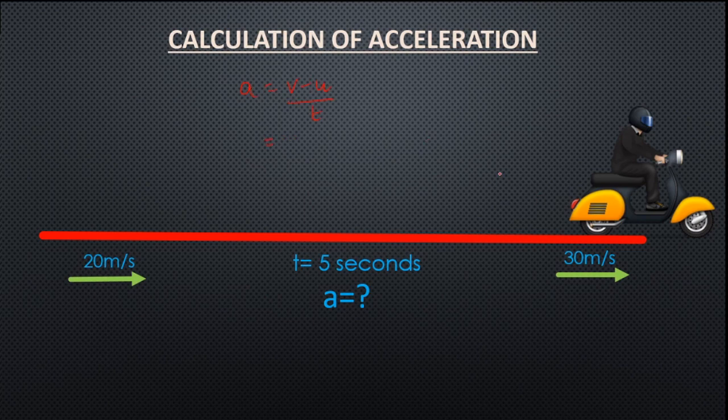Here v, the final velocity, is 30 meters per second, minus u, which is 20 meters per second. Time is 5 seconds. So that is 10 upon 5, which is equal to 2 meter per second square. So my acceleration in this case is 2 meter per second square. This is the way we calculate acceleration.